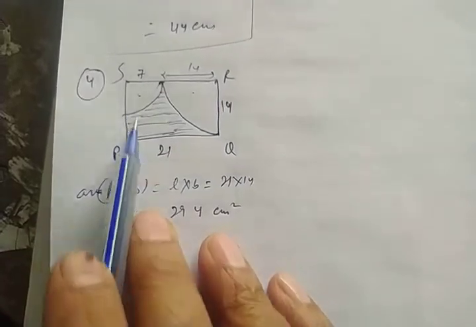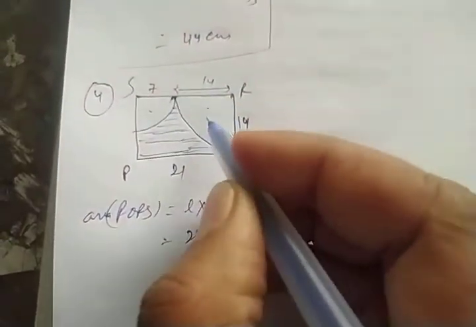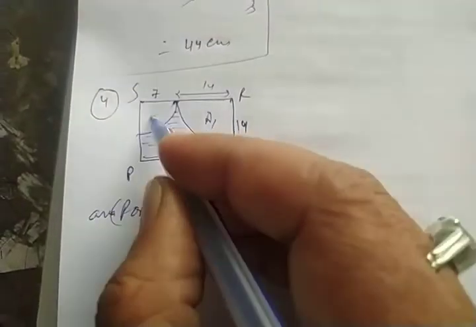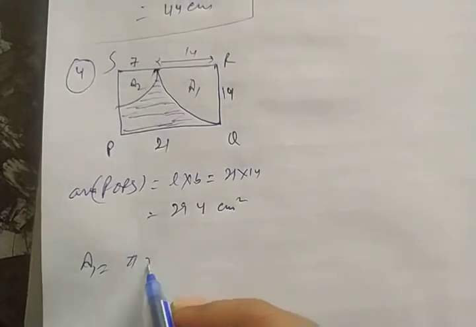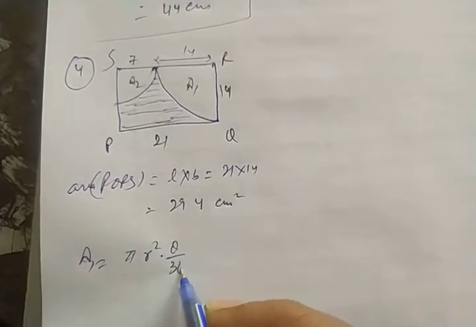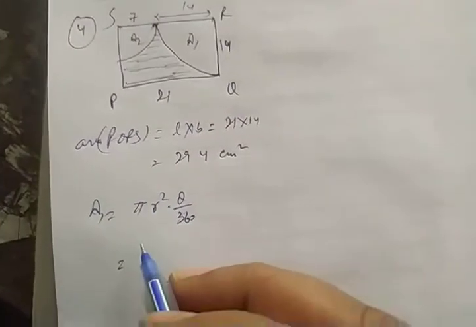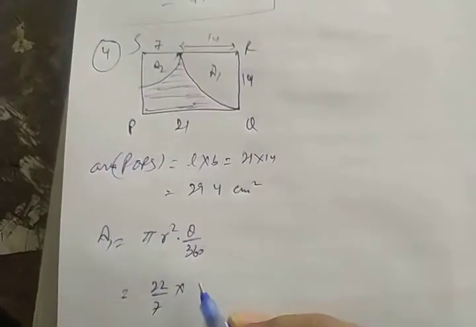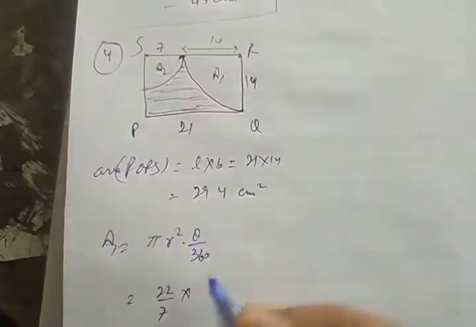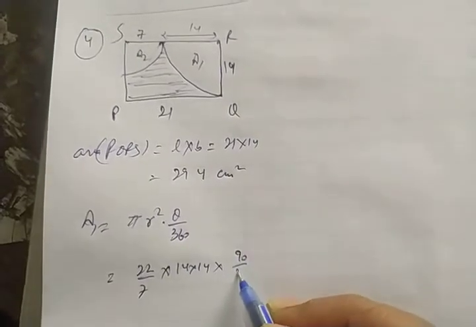Now you will have to subtract these quadrant areas from this. You can mention them as area 1 and area 2 in this way. Area 1 will be calculated by the same formula, pi r square into theta upon 360, as I mentioned in the earlier question. Later on I will not write the formula, but you have to write it in each of the questions. 22 upon 7 into r, the radius of this quadrant, is 14, 14 into 14 into theta means 90 upon 360.